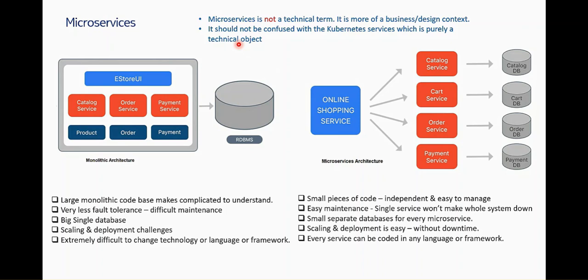A microservice is a business object. When business managers or business development managers imagine an application for their business, they talk in terms of this application having this many services, and those services have a business or design relevance. In that context, they are called microservices.